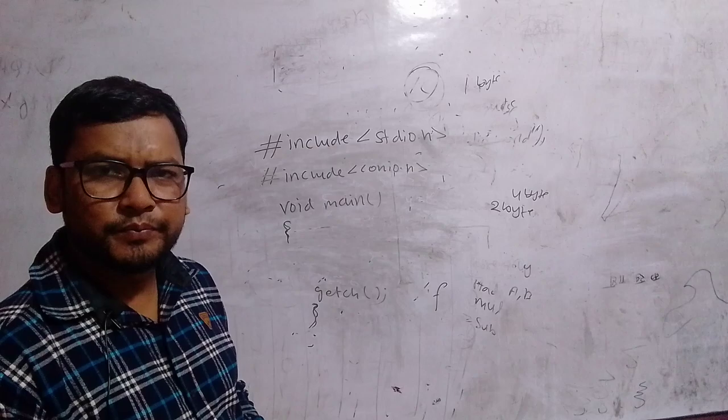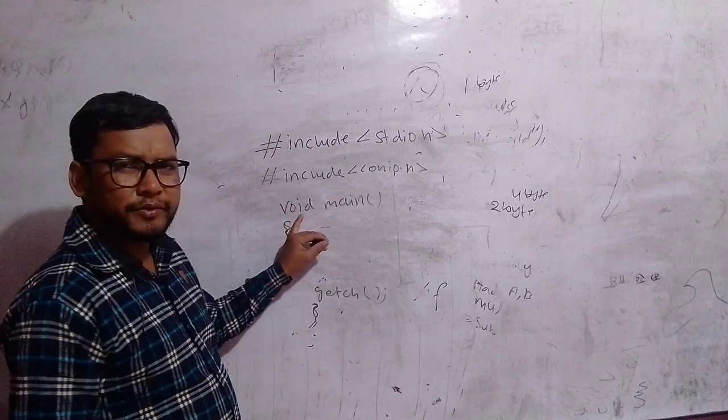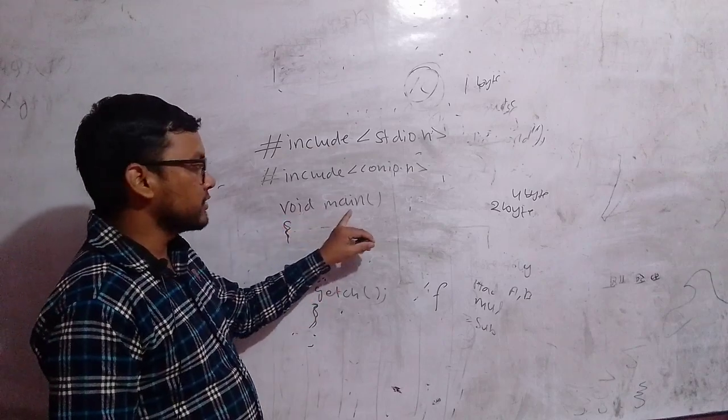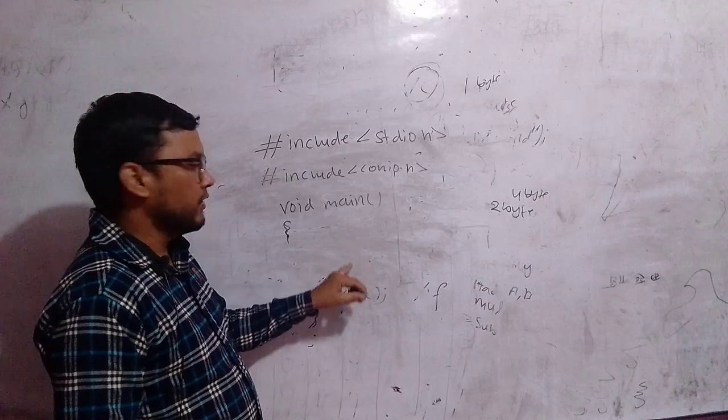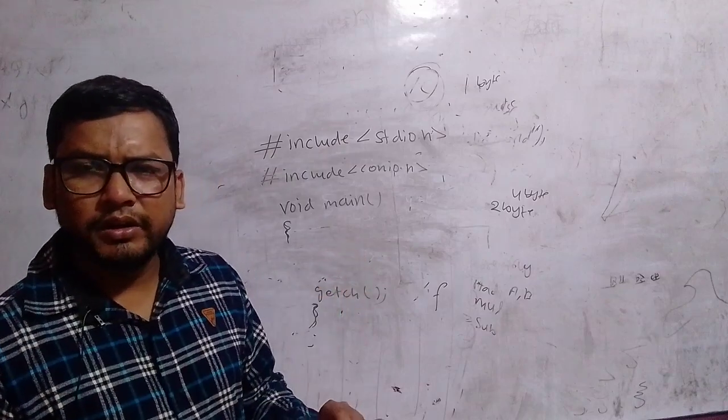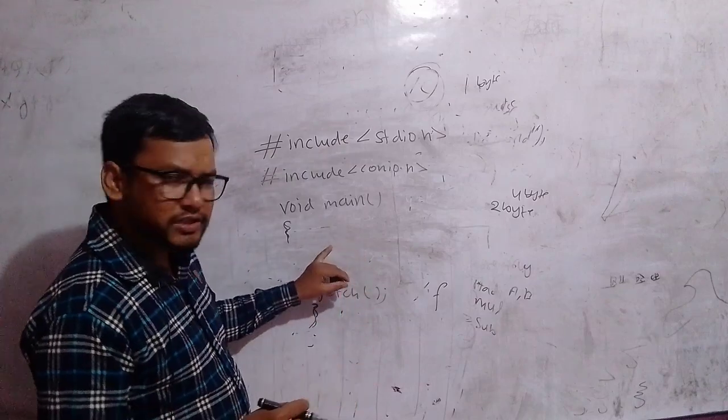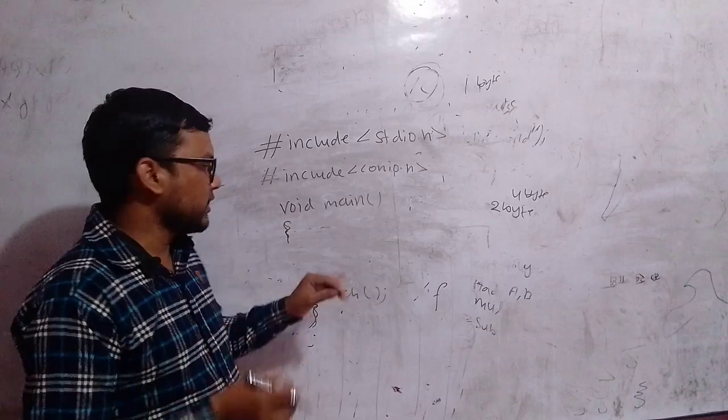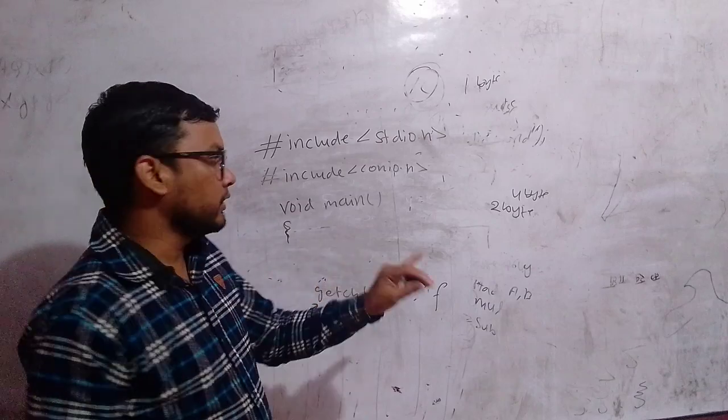If we give void, then this main function does not return any value. It only executes and stays silent, and does not give any value to others.